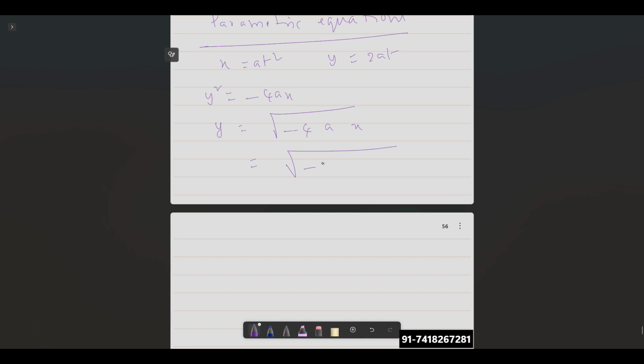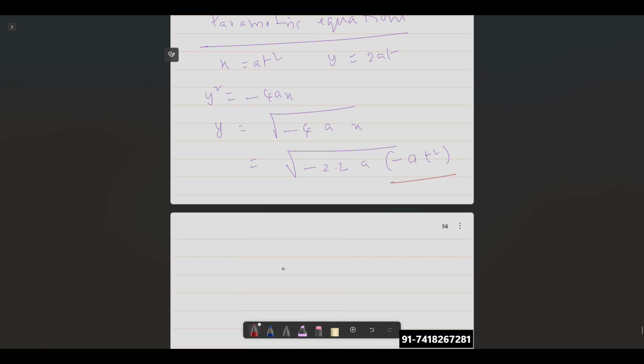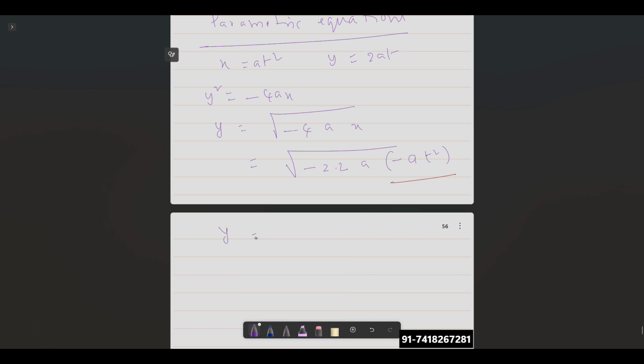So minus 2 into 2, and a will be there, and for your x, you need to have one minus and then another a, and then t square. So this is your x coordinate. With that, you will get y as 2, this comes out 2, and then a into a, one a will come out, and then again the same t.